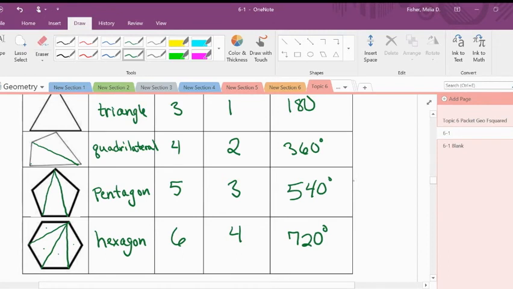So if n is the number of sides, we can subtract 2 and then multiply times 180 degrees. So we don't need to draw out every shape. So go ahead and, using this information, pause the video and try to come up with an answer for the triad.